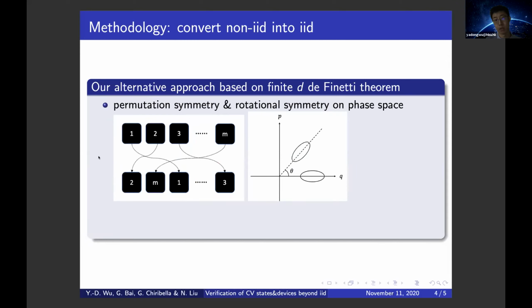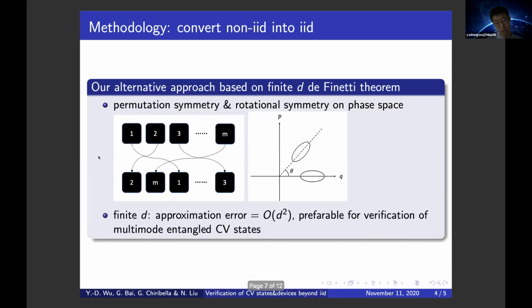The rotational symmetry on phase space is achieved by applying a random phase rotation at each mode. Then we use the finite dimensional de Finetti theorem, and the approximation error is quadratic with respect to D, which is preferable for verification of multi-mode entangled CV states.